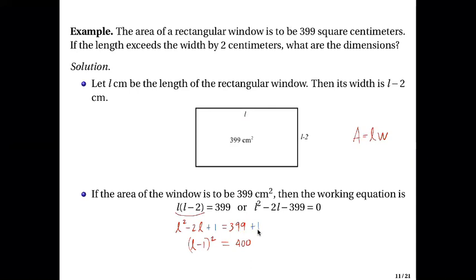Correct? And therefore, I will have L minus 1 equal to plus or minus square root of 400. Square root of 400, that's 20. So I will have plus or minus 20. Following?